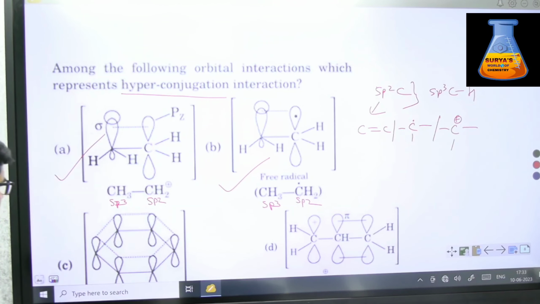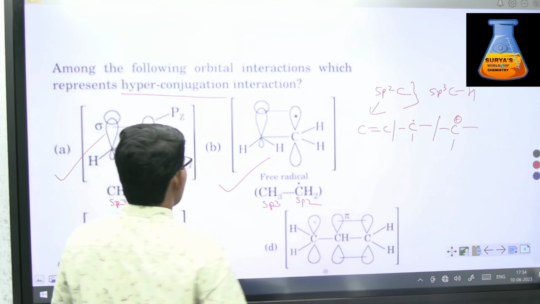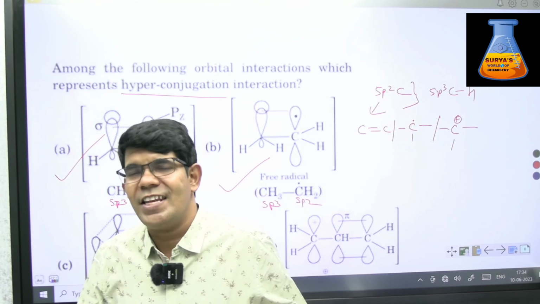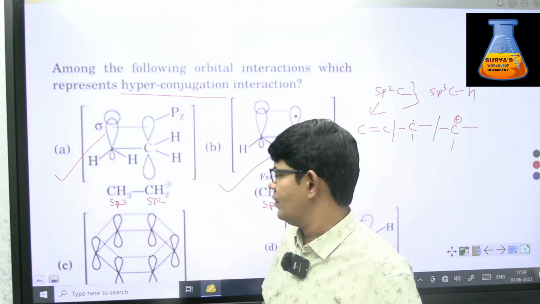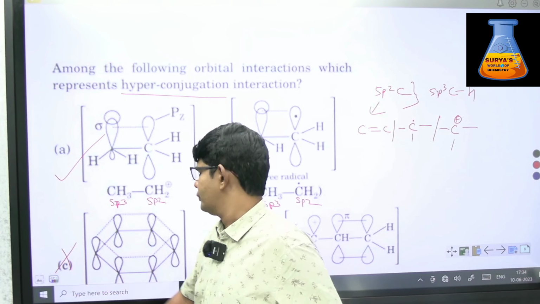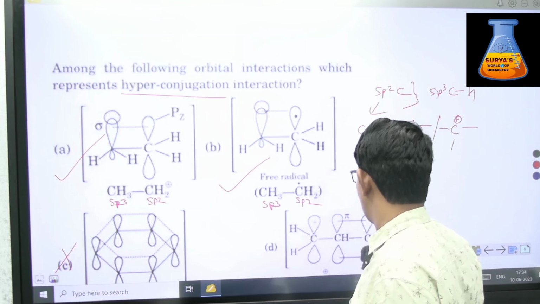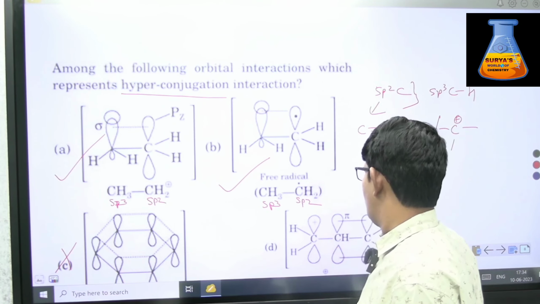And the third one, this is a benzene ring, guys. Can benzene be involved in hyperconjugation? No. Why? There is no sp3 carbon. And the last one is the pi bonded system with a positive charge.